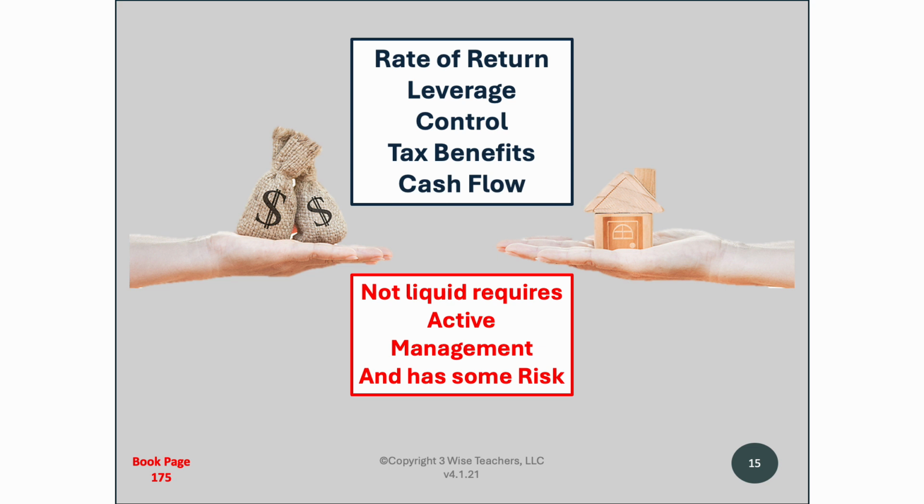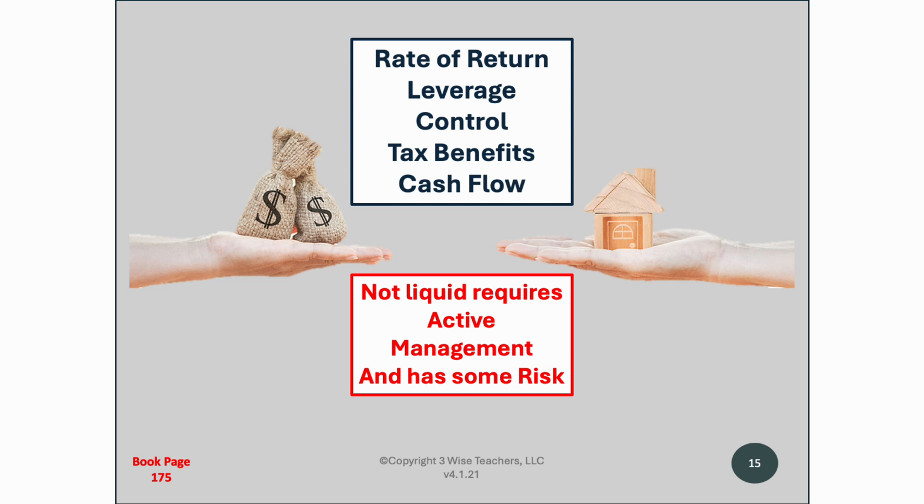Okay, there's always bad news. So let's look below the line. When we start looking at the words in red, these are going to be some of the negatives associated with owning real property. First of all, it's not liquid. And what I mean by that is if you own a property and you have equity in that property and you need money tomorrow, it's going to be tough to get it out of that property.